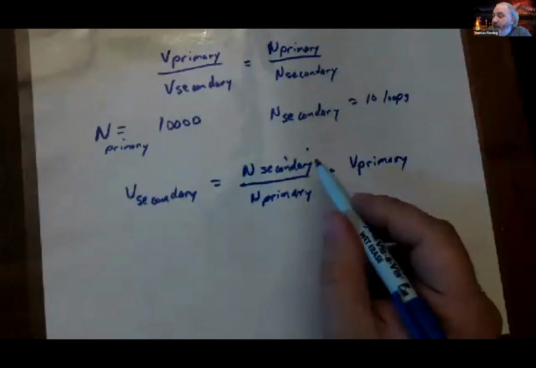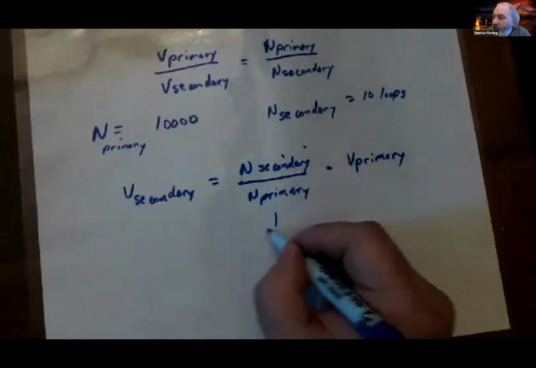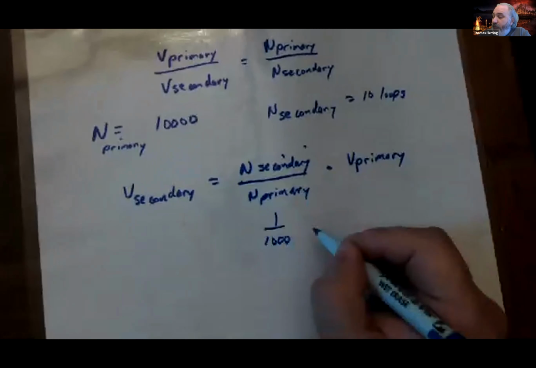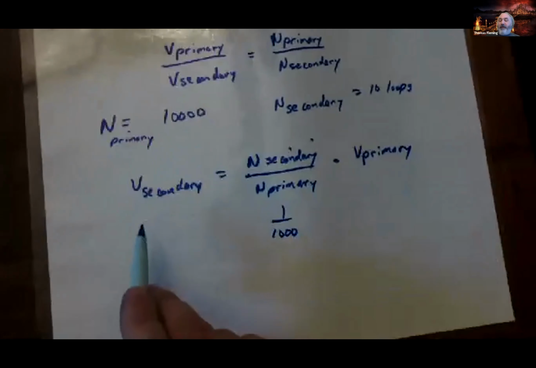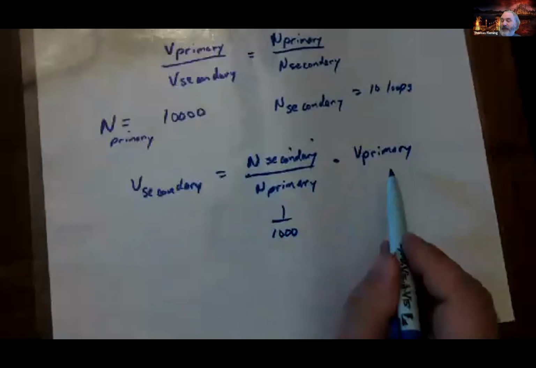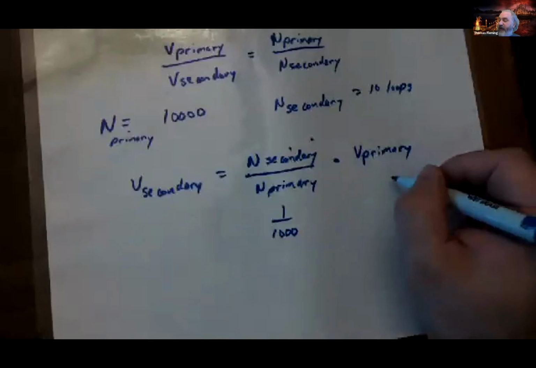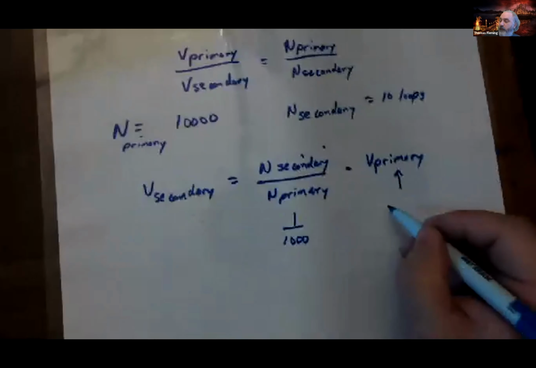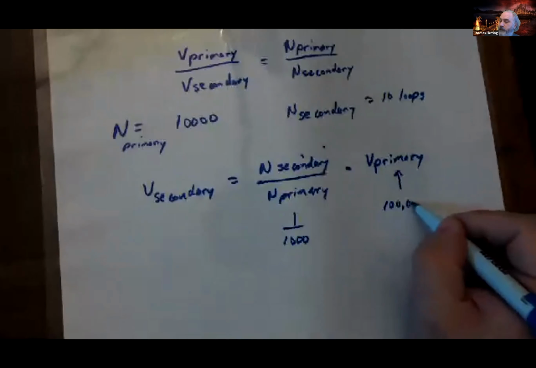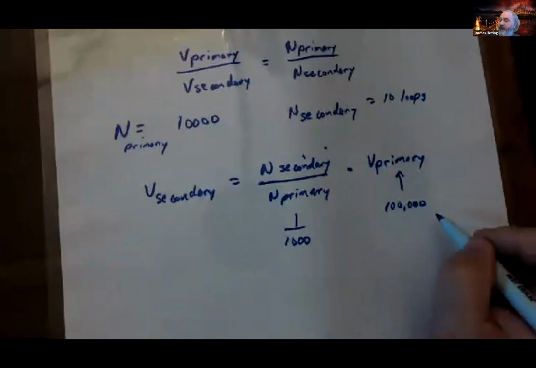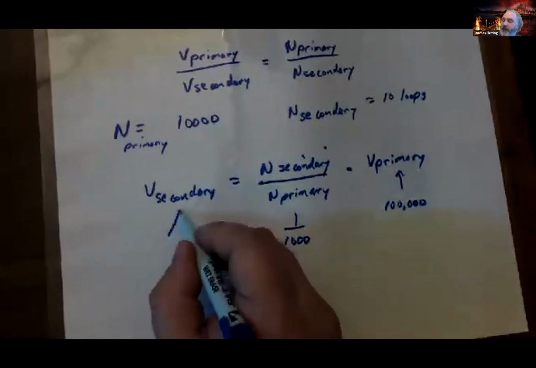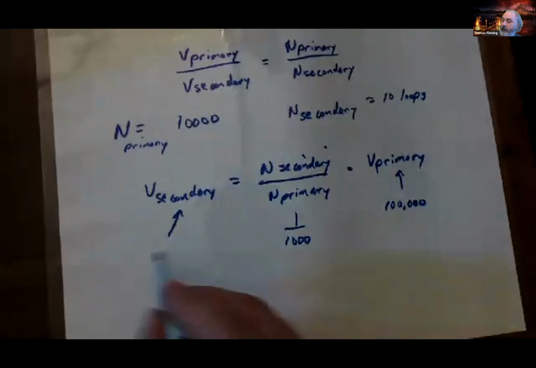Which means this ratio is 1 over 1,000. So my secondary voltage is going to be 1/1000th of whatever the primary voltage was. So if I'm putting my primary out at, let's say, 100,000 volts, then my secondary is going to come out at only 100 volts.